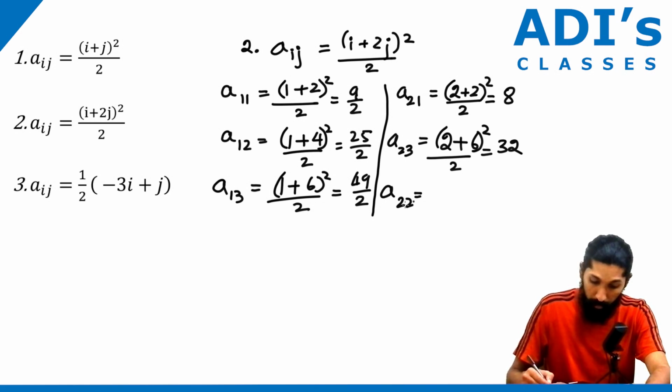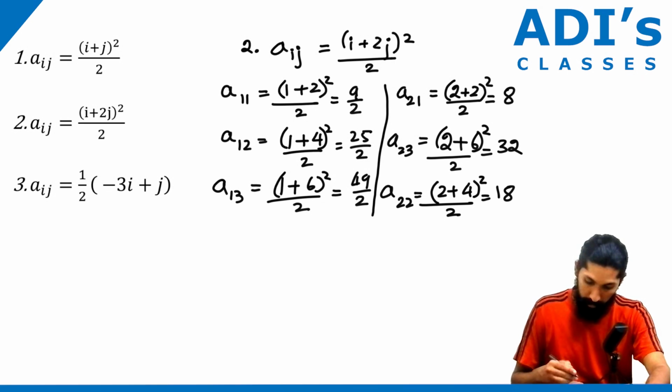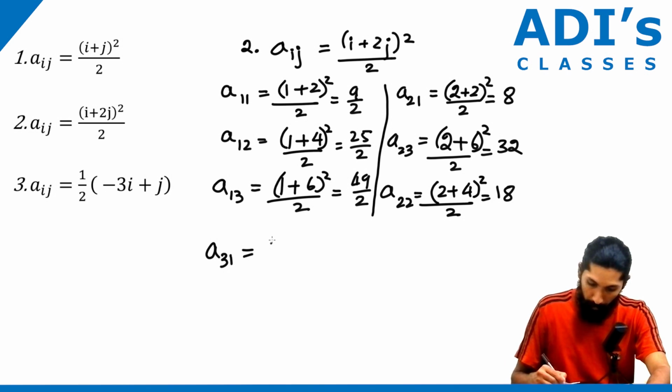We were supposed to do A22. It's fine. A22 is going to become (2 plus 4) whole square divided by 2, which is 18. The next one is A31. Here we'll write A31. This is going to become (3 plus 2) whole square divided by 2.